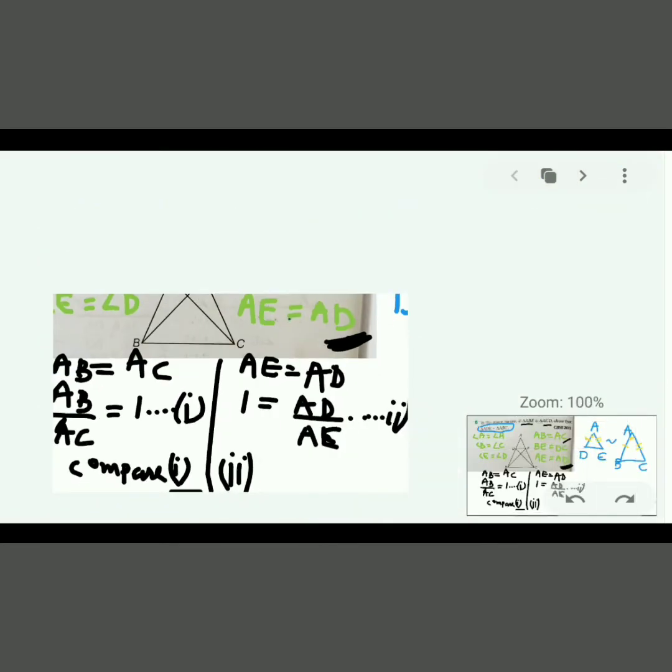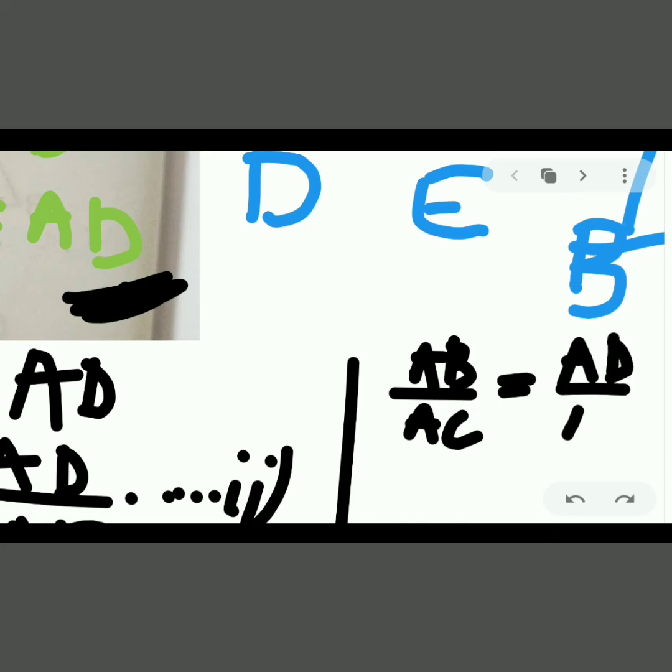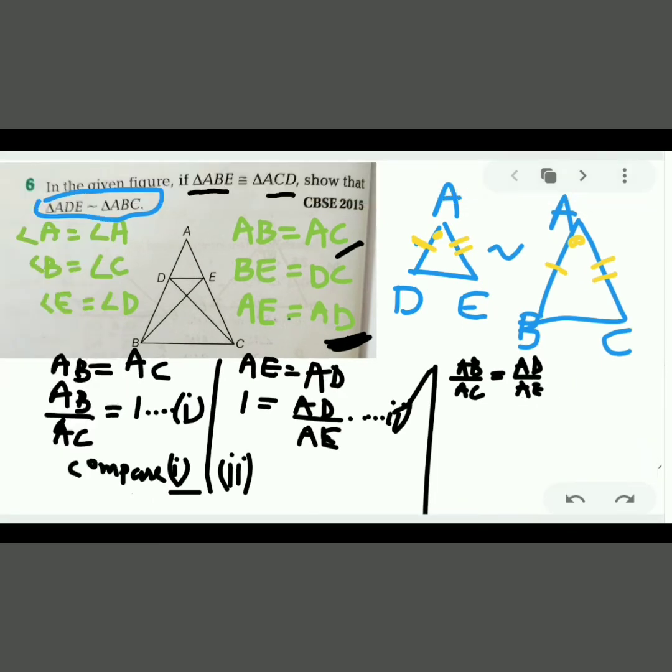If we compare equation 1 and equation 2, you can write AB by AC is equal to AD by AE. But as we can see in the figure, what we want is AD by AB. So below AD we want AB, so we will shift AB down and AE up.